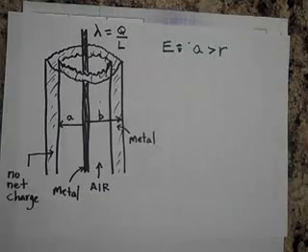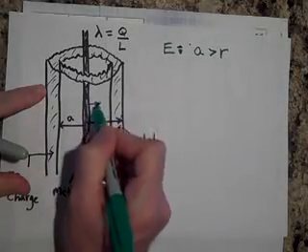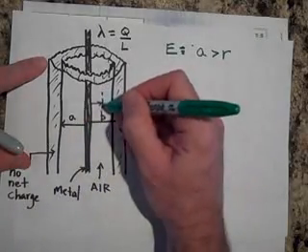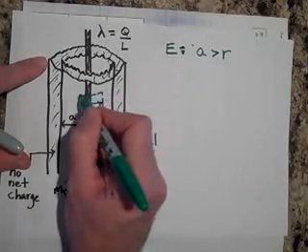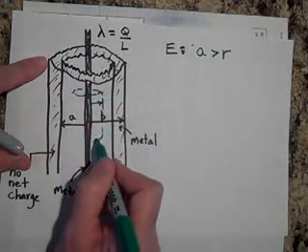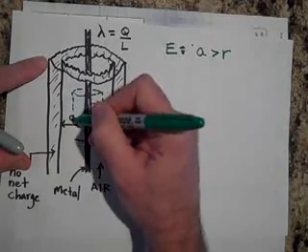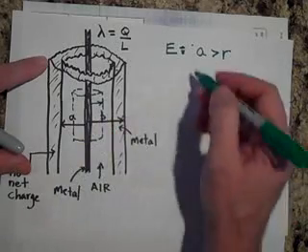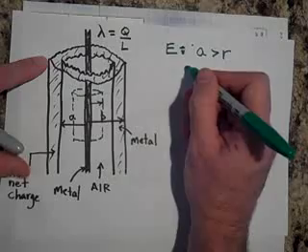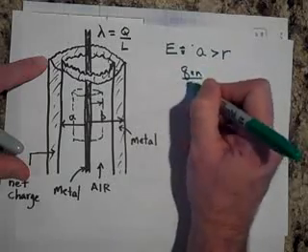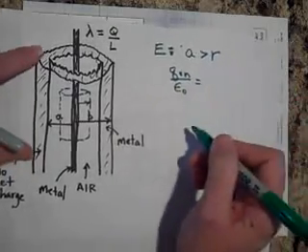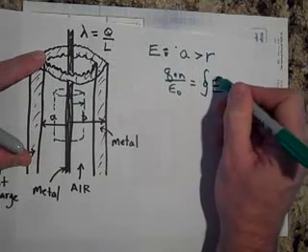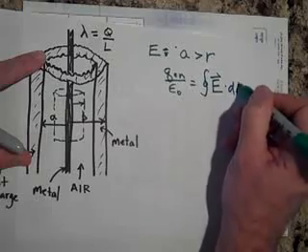So that would be this, this is r, lowercase r. Okay, so I'm going to draw a Gaussian cylinder. And it turns out that there are two ways to find the flux through here. One way is just to get the charge enclosed. Well, the charge enclosed over epsilon naught, that's one way to do it. Another way is to find the flux by finding the E dot dA for every point on the surface.